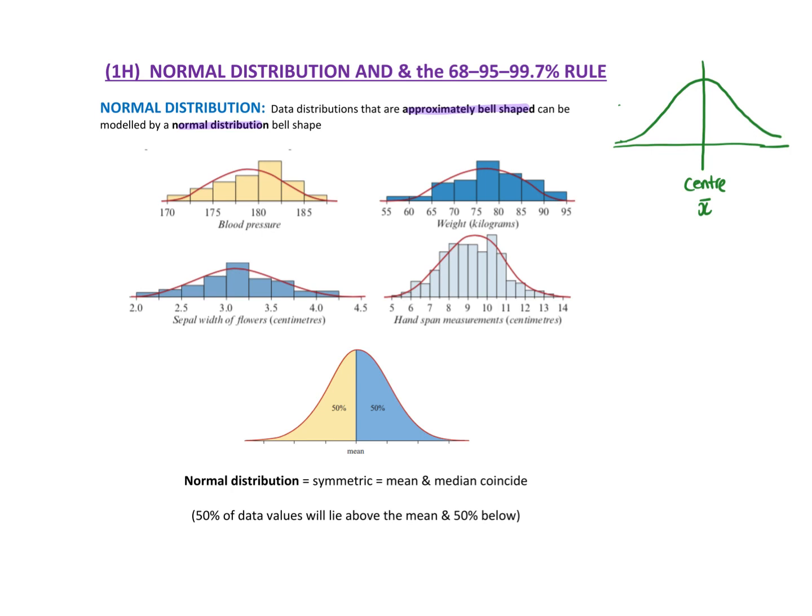So when you have your mean in the middle, because it's symmetric, that means we would see 50% of the data occurs before the mean and 50% of the data occurs after the mean value. Okay, so this is when it's symmetric. Alright, so that's what we first need to remember for that one.